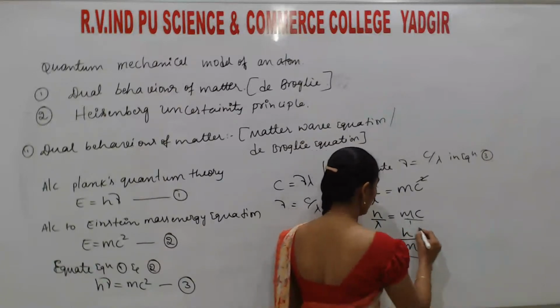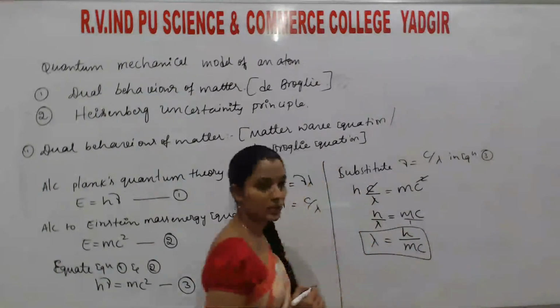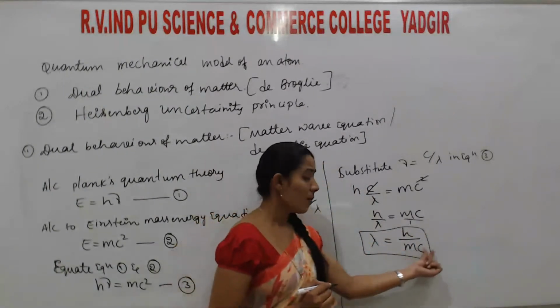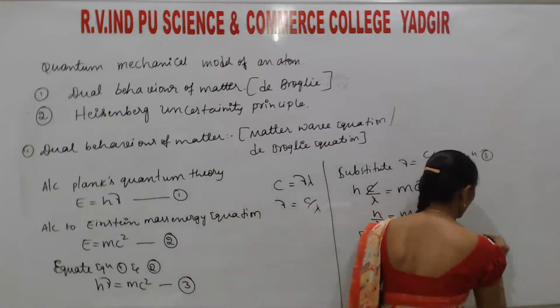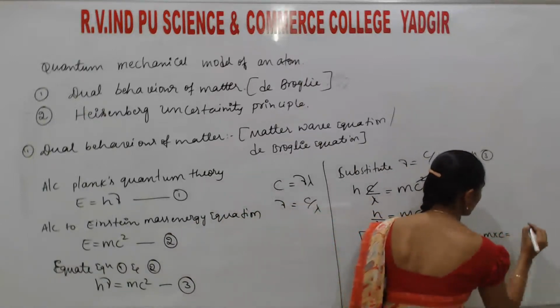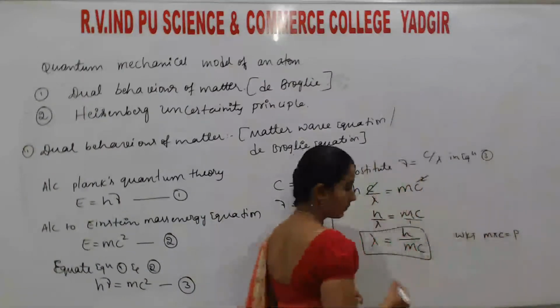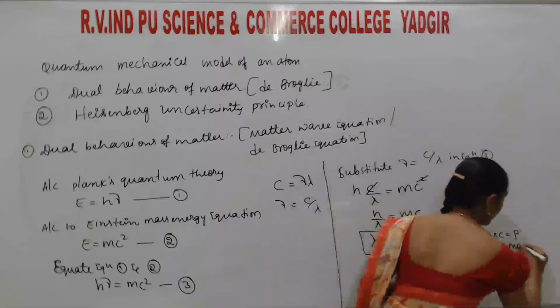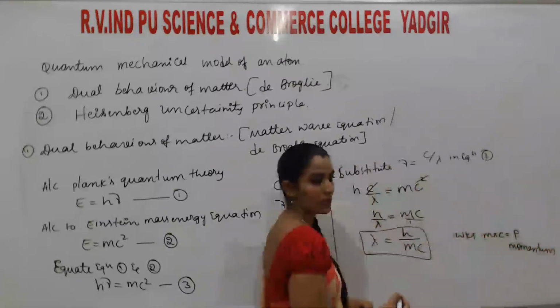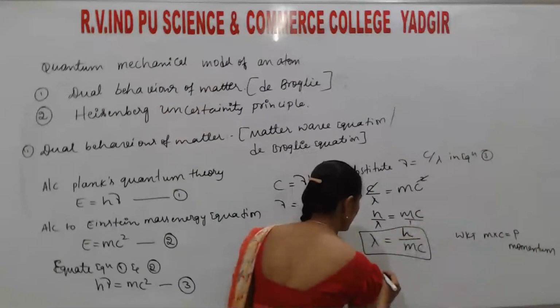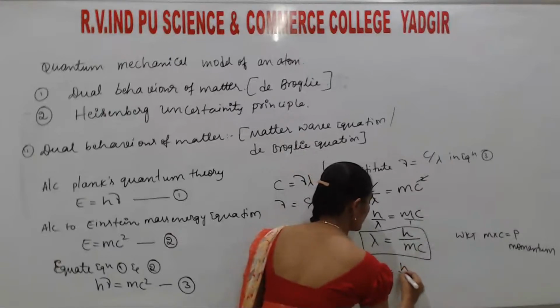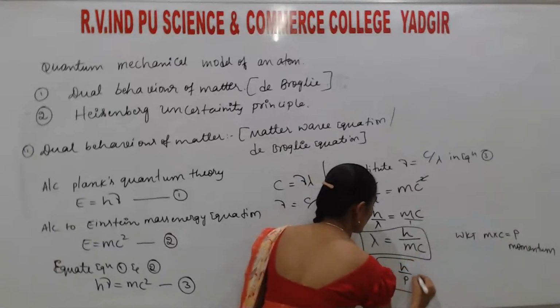So this is the de Broglie equation. And we know that mass into velocity is equal to momentum. p means momentum. So lambda is equal to h divided by p is also an equation.